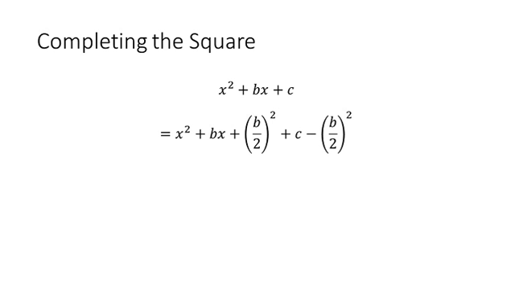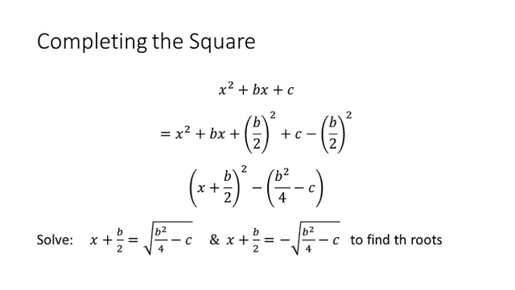Now we're setting this equation equal to 0, so that lets us factor out the first half of the equation and recognize that x plus b over 2 squared is going to be equal to, if the entire polynomial is equal to 0, the square root of b squared over 4 minus c. And that will give you the two different roots, the positive and the negative square root of b squared over 4 minus c.